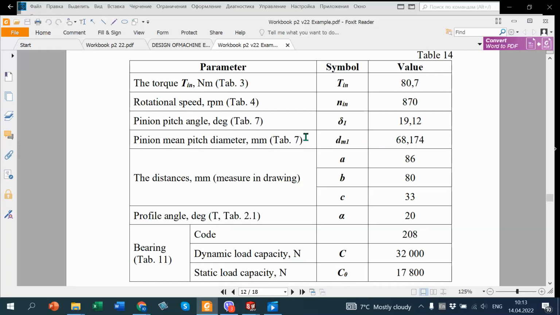Also table 7. Profile angle 20 degrees. We selected gear with such angle, and cone dynamic and static load capacity of selected bearing.